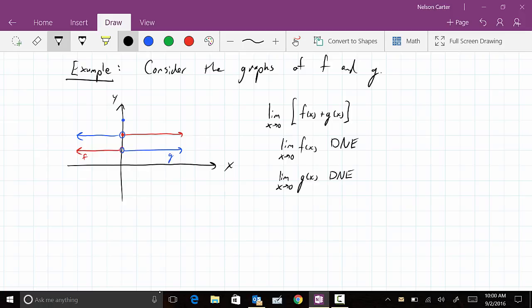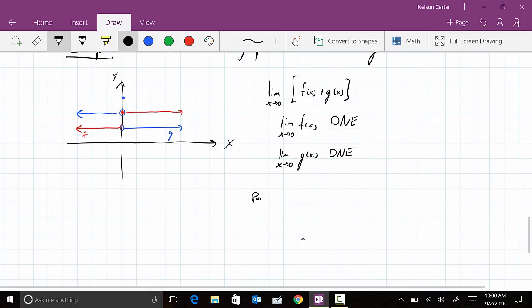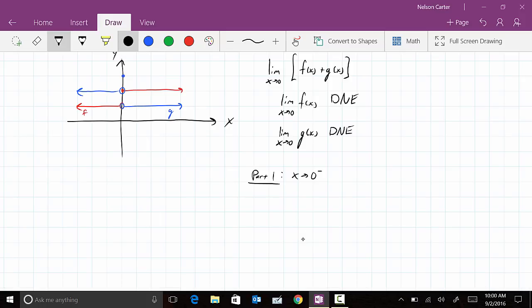But what we can do is we can break it up. So we can do the sided limits. So we can do part 1, the limit as x approaches 0 from the left. So we're going to do the limit as x approaches 0 from the left of f of x plus g of x.